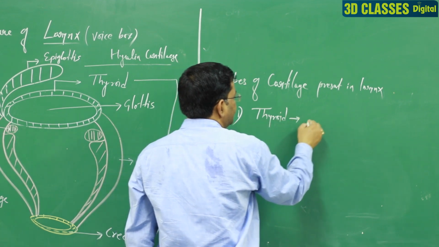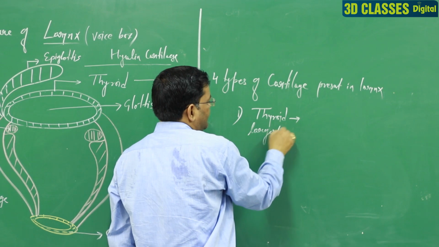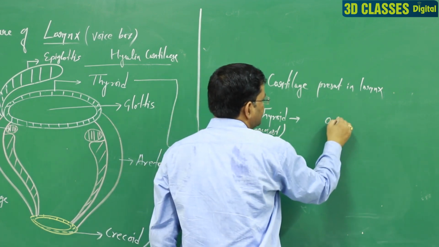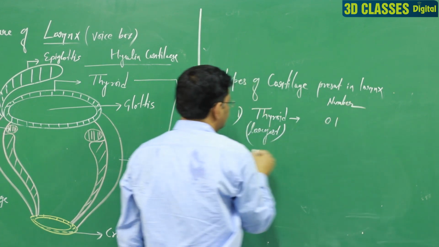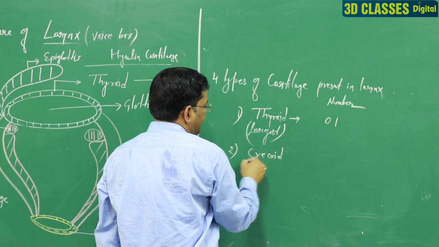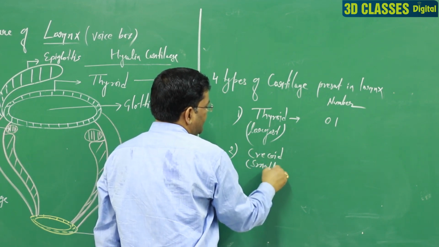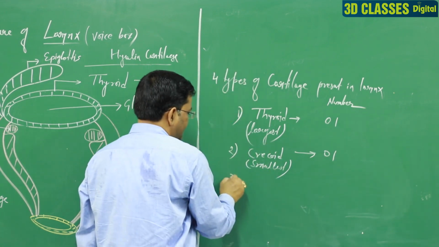This is the largest cartilage in the larynx, and its number is only 1. Cricoid. It is the smallest cartilage in the larynx, and its number is also 1.